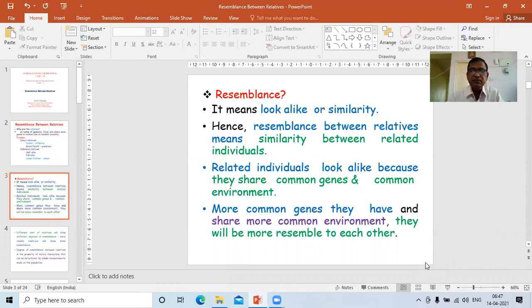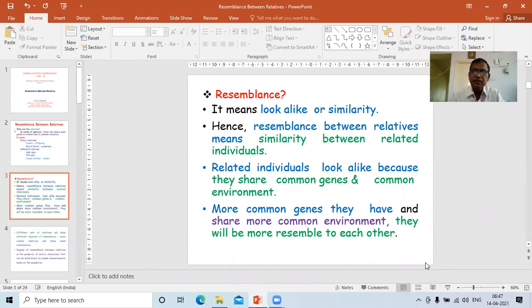Similarly, the relationship between father and son, or father and daughter, or mother and son, mother and daughter, they are called direct relatives. So in this case also, the degree of relationship will be much higher. Sometimes we used to hear this, बाप का बेटा बोलता है ना.